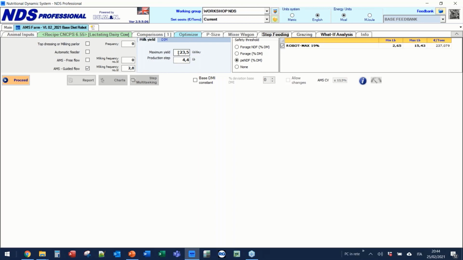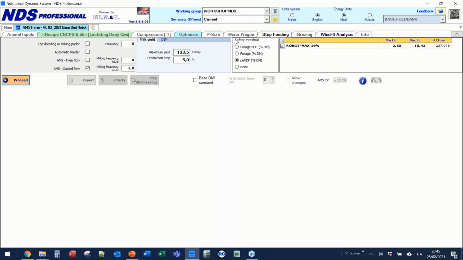I want to reach a maximum of over 120 pounds per day, and I want to set several steps having a difference between each step of 5 pounds.